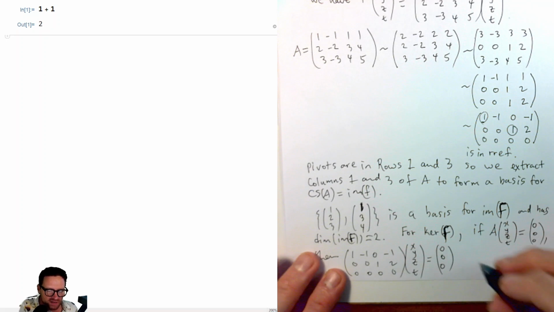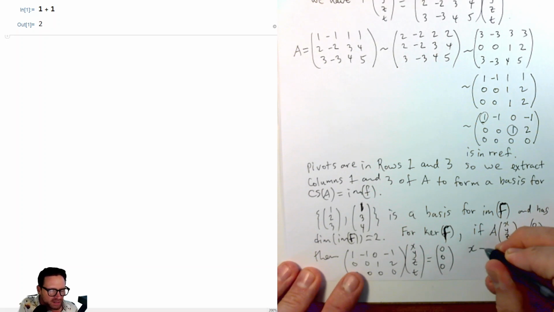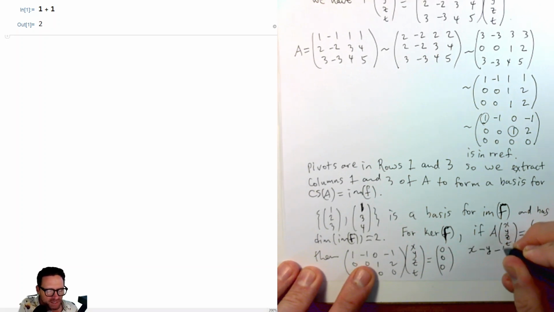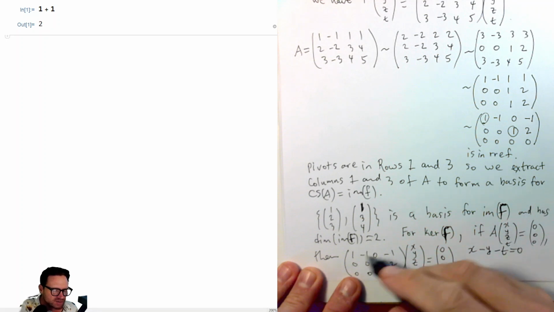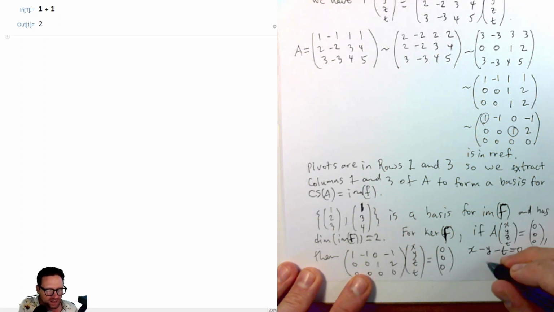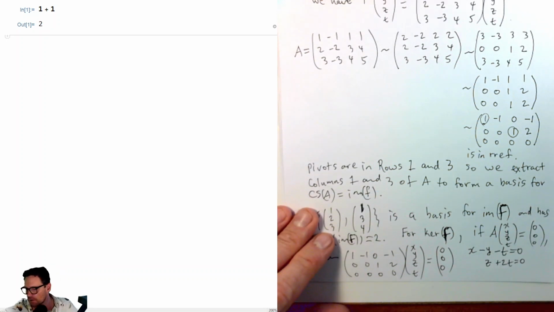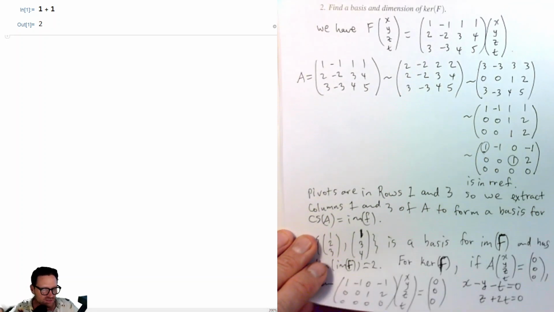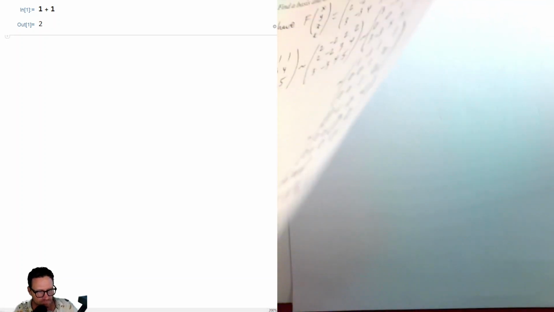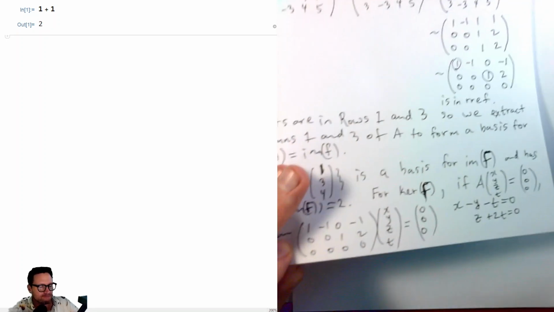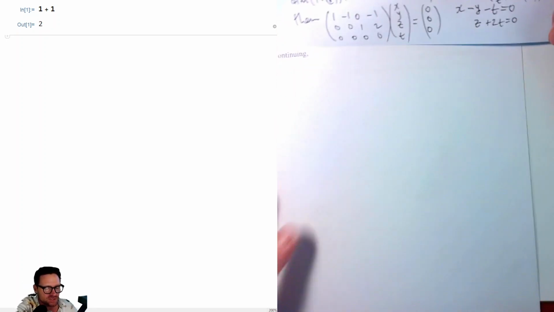And so now expanding this out, we have x minus y minus t equals 0 from the top row. And then we have z plus 2t equals 0. And so from this, let's turn to the next page where there's some space.